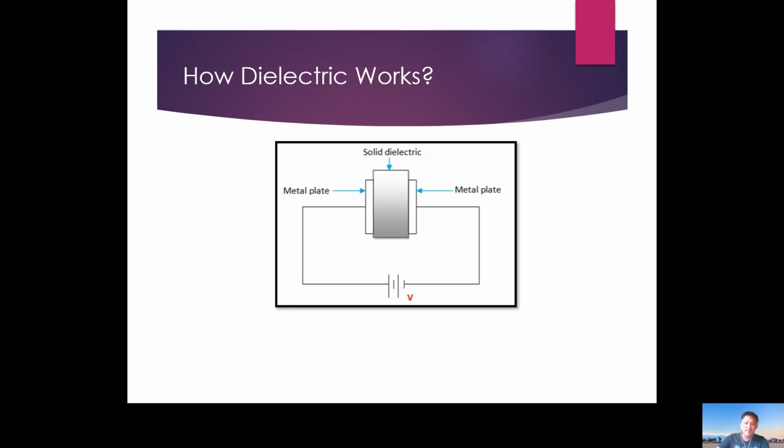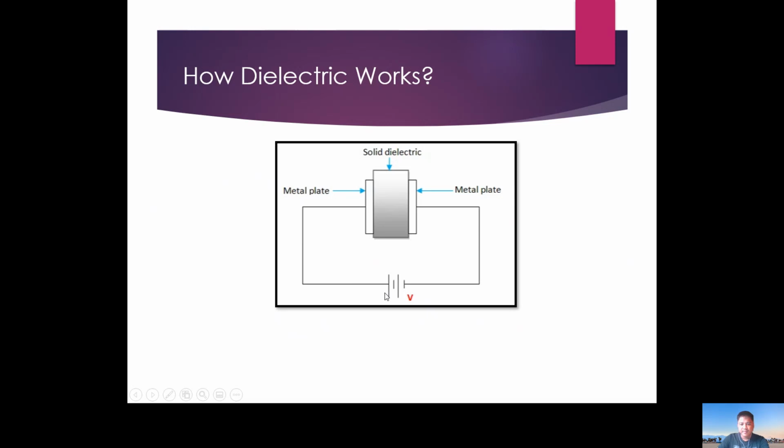So how does a dielectric work? I have here a schematic diagram of how a dielectric is wired. At the bottom is a power supply, either DC or AC. DC is direct current and AC is alternating current.